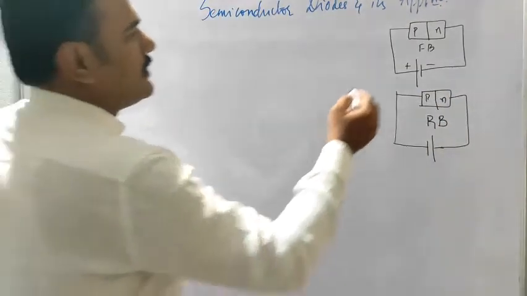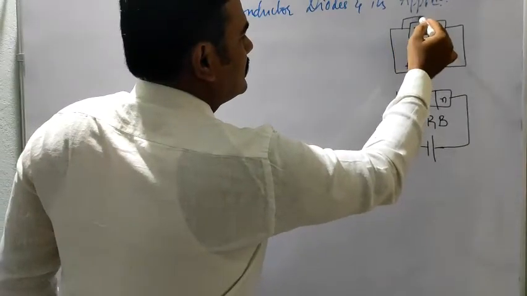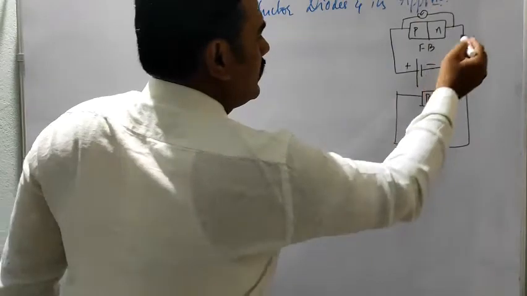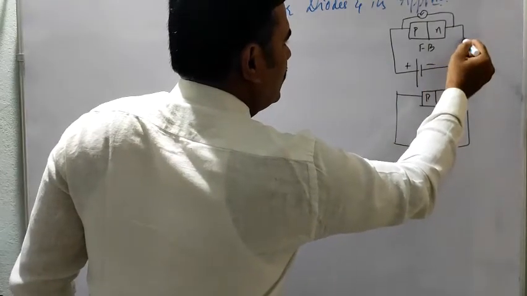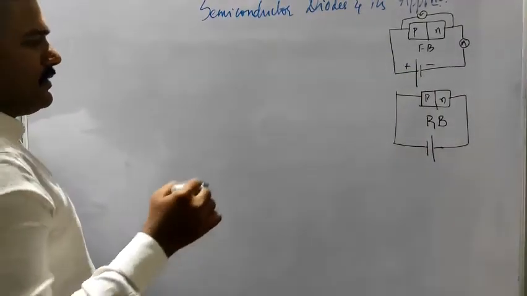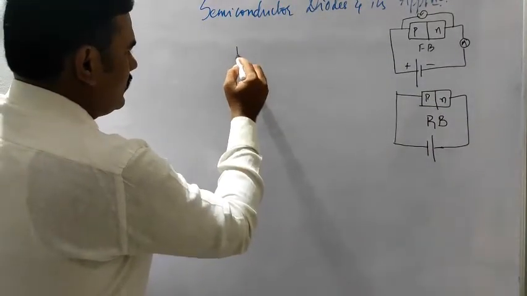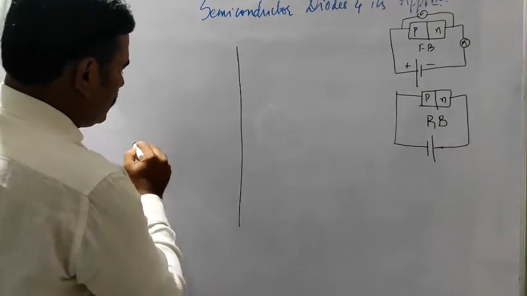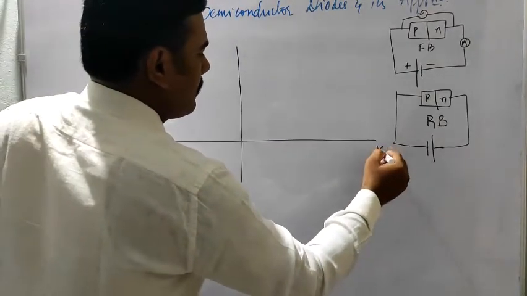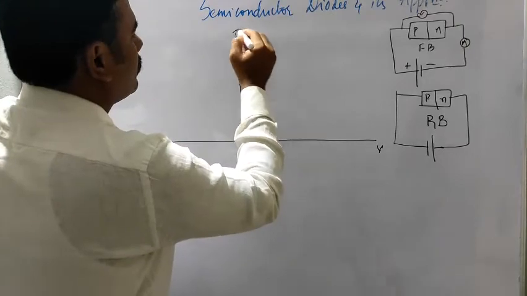Now if we connect a voltmeter across this diode and an ammeter in series with the diode, then we draw the voltage versus current characteristics.